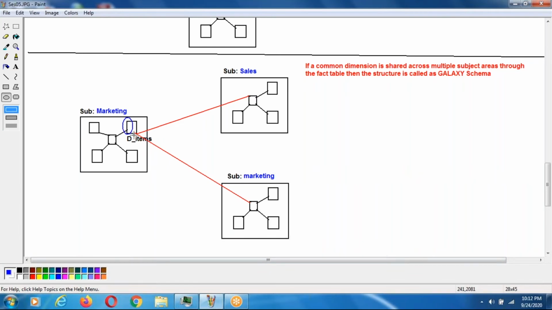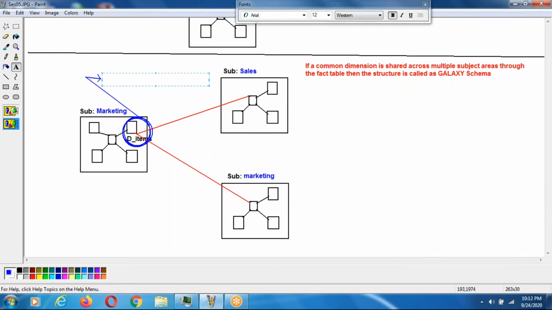Now, the dimension that is shared across multiple subject areas, what do you call it? It is called a conformed dimension.